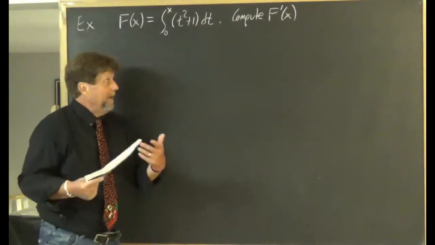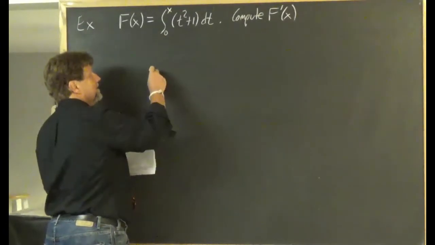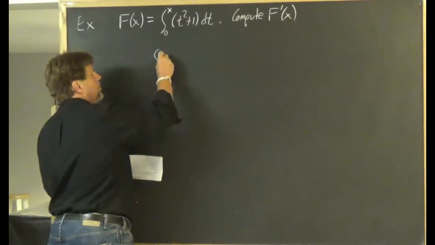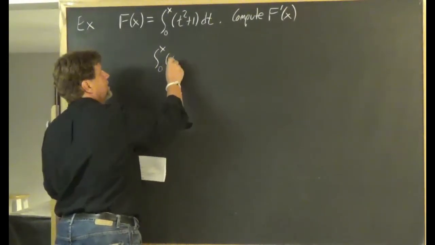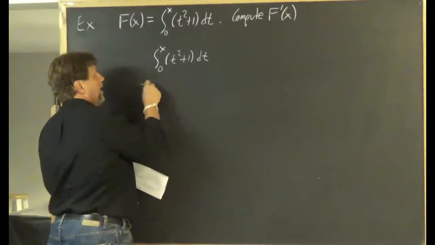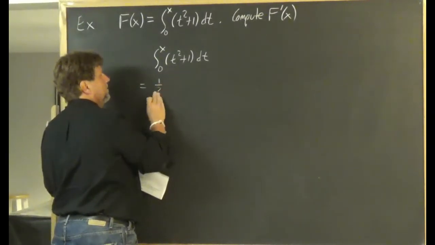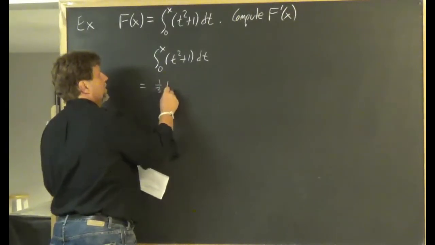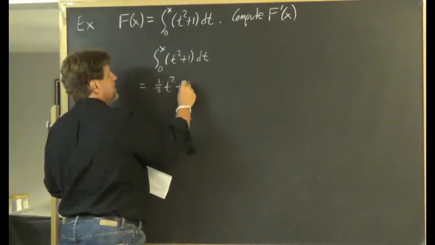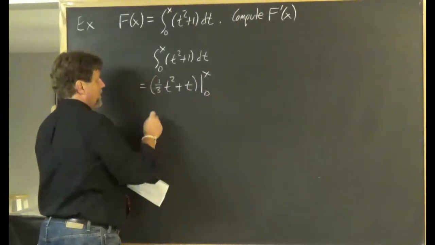So maybe I should begin by doing the integral from 0 to x of t squared plus 1 dt. I mean, I can get an antiderivative here. It's 1/3 t cubed plus t.